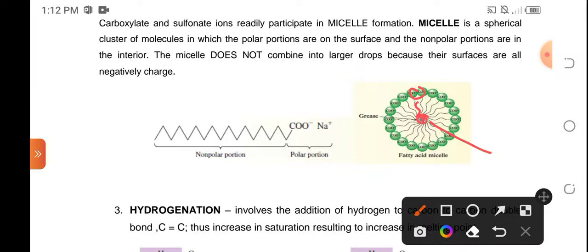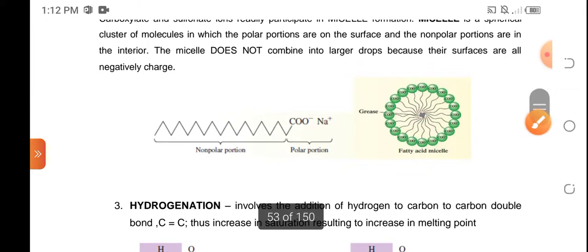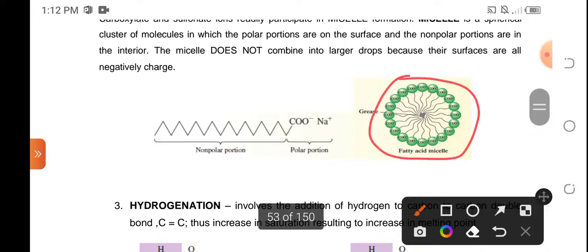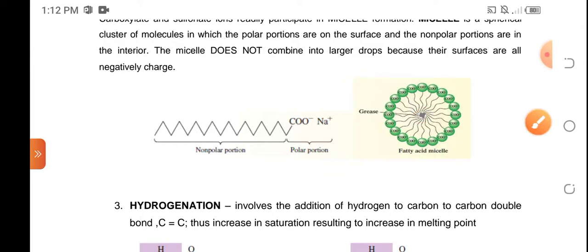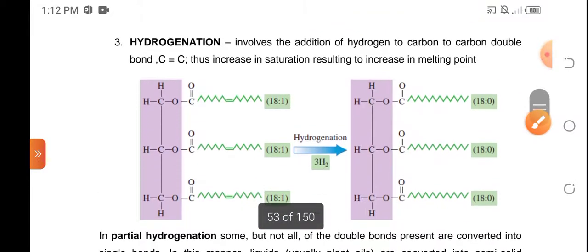So, ayan, grease. Micelles do not combine into a larger drop because their surfaces are all negatively charged. Okay, so this is the whole fatty acid micelle, at nandun daw sa loob yung grease. So this is how the cleaning action of soaps or detergents works. Okay, so that's for saponification.